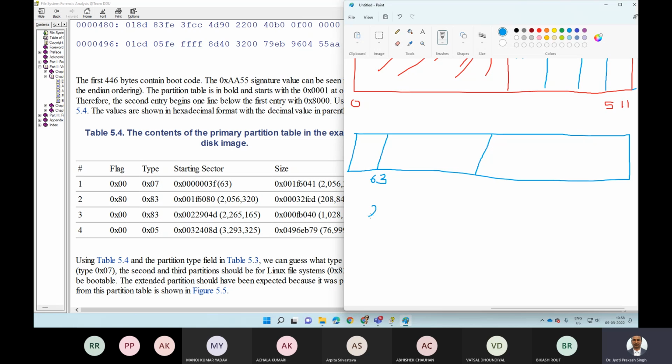So you can add this number, 2056257, plus 63. How much does it come to? 2056320. So this is the ending address, 2056319 in fact.